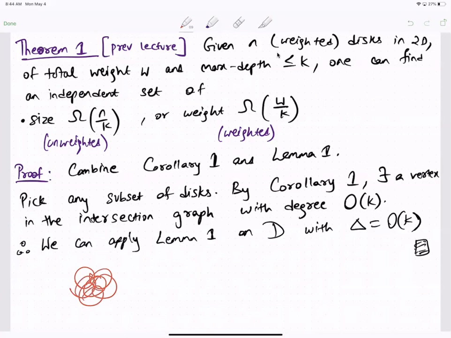Then just applying this theorem will not guarantee a large independent set.